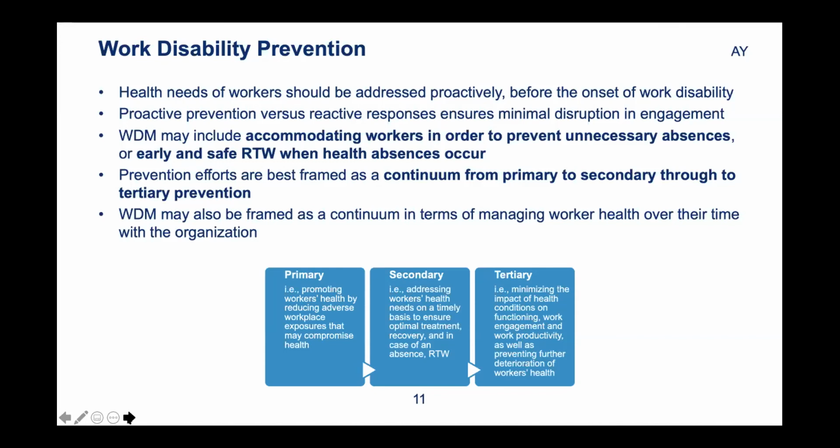And that is what we're trying to do within this standard, to make sure that the continuum of activities is implemented within organizations. Work disability may also be framed as a continuum in terms of managing work health over the employment cycle with the organization, which I'll talk about in a moment. And that is a very important aspect of this standard.